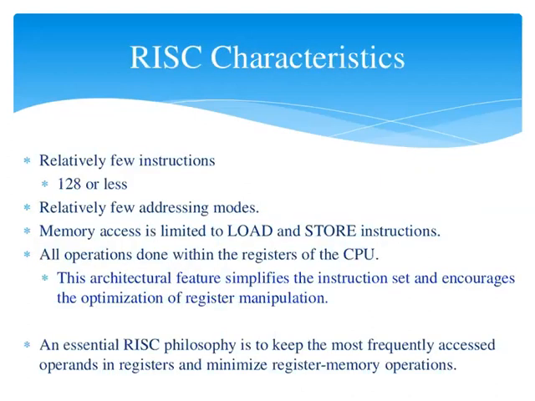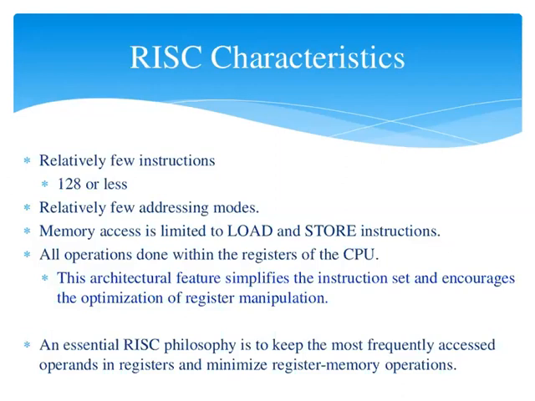Here are the characteristics of RISC compared with CISC: relatively few instructions, 128 or less. There, CISC has 1000 instructions, and here 128. Relatively few addressing modes, like five or four addressing modes, while there it is up to 20 addressing modes. Memory access is limited to load and store instructions.